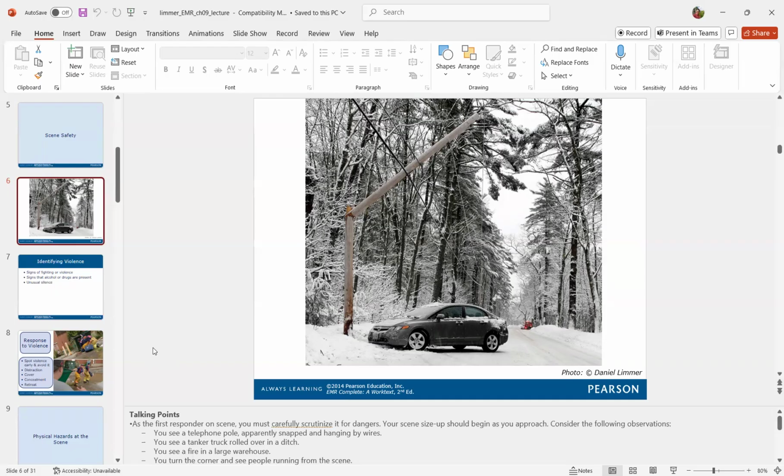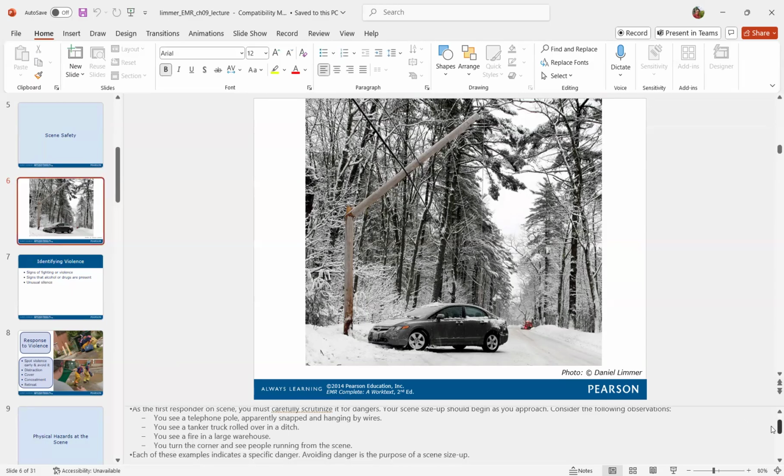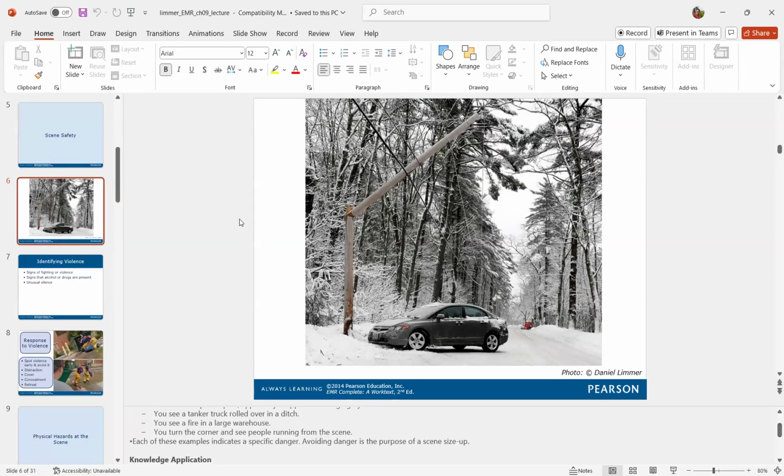If we see stuff like this, a telephone pole apparently snapped and hanging by wires, we're probably not going to go near that. If you see a tanker truck rolled over in the ditch, we're probably not going to go near that. A large fire at a warehouse. Turn the corner and see people running from the scene. These are all things that we need to be aware of that can potentially have specific dangers for us.